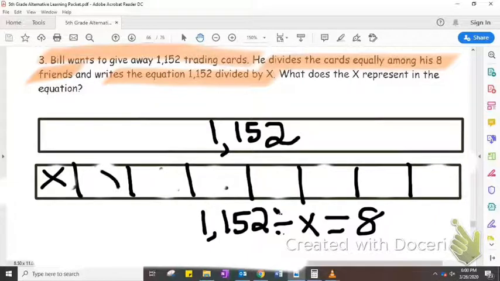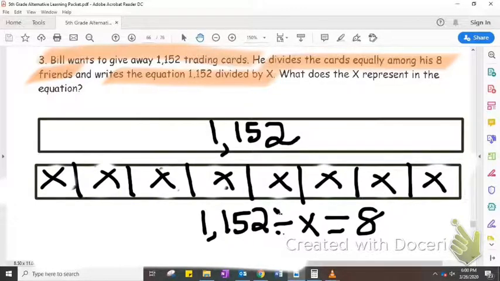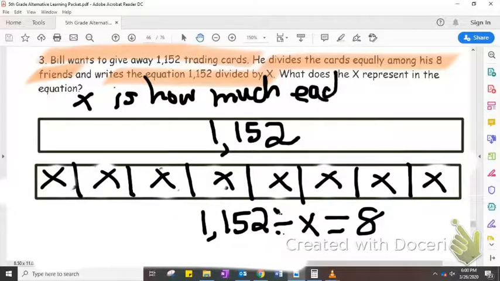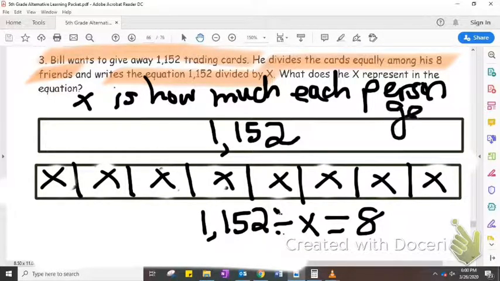The x has to represent the number of trading cards that each person gets. Because if he were to divide it equally by his 8 friends, this x would indicate how much each person gets. So the x is how much each person gets.